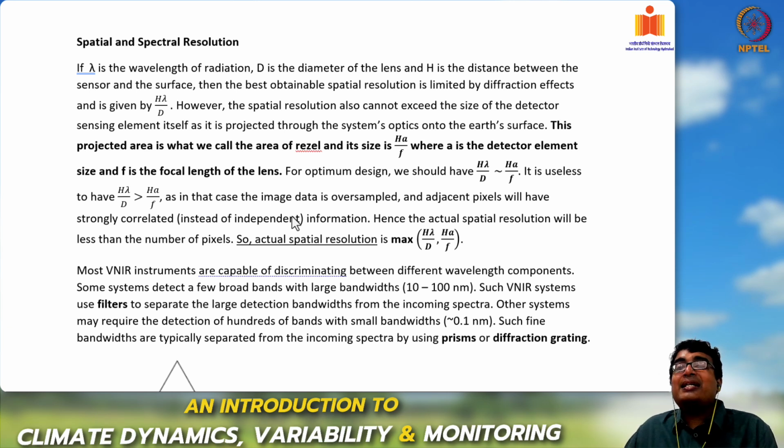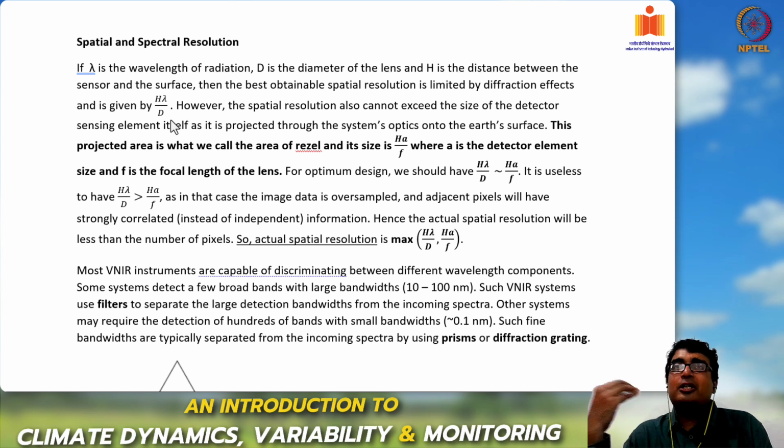If lambda is the wavelength of radiation, d is the diameter of the lens, because the optics is usually focused onto the detectors through a lens system, and h is the distance between the sensor and the surface, then the best obtainable spatial resolution is limited by diffraction effects and is given by h lambda by d.